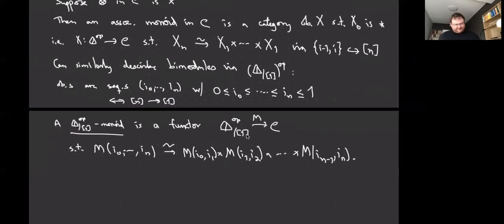So what is this encoding? This gives two associative monoids.